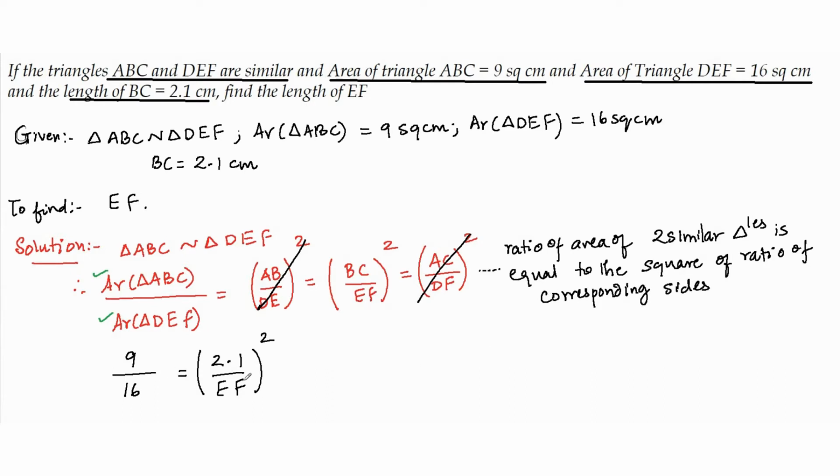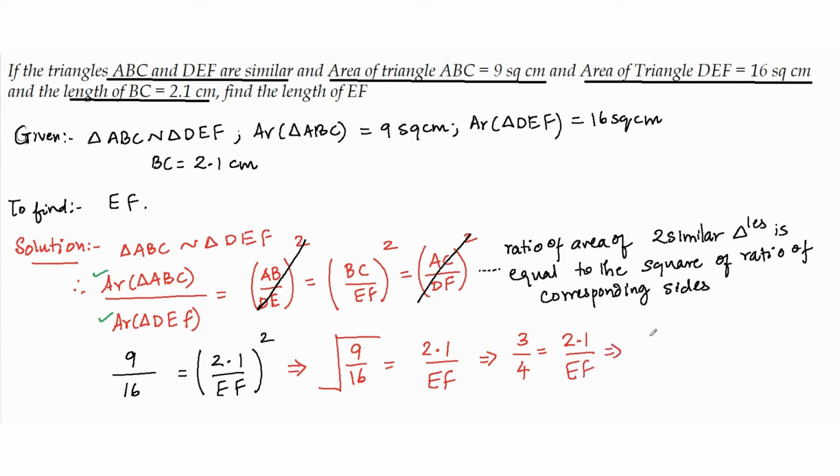So this is the justification behind this statement, corresponding sides. So now I know how to calculate EF. First of all, let's shift the square to the opposite side. When you shift the square to the opposite side, it becomes square root. So root of 9 by 16 is equal to 2.1 divided by EF, right? And root of 9 by 16 is 3 by 4, which means 3 by 4 is equal to 2.1 by EF.